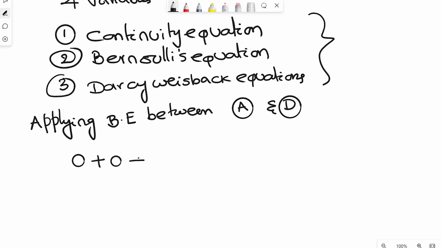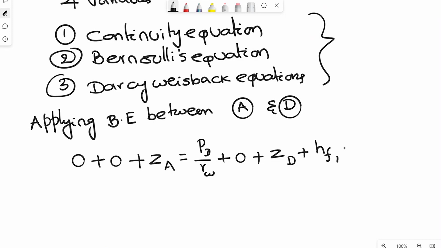So V squared by 2g is 0, plus ZA is equal to PD by gamma W plus, again, the velocity is 0 when the flow enters the junction. So velocity is 0 there. Again, with datum, ZD plus the head loss from A to D in the first pipe, HF1. This is one equation, right?